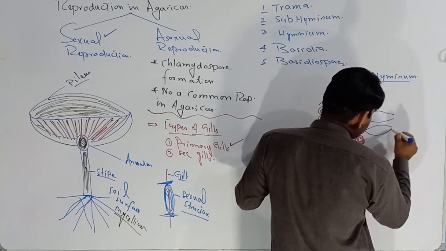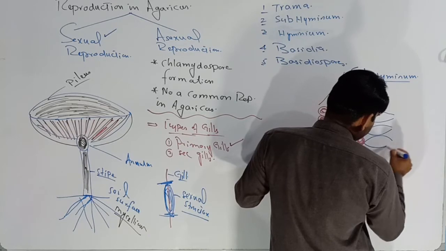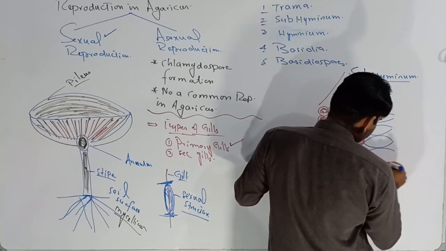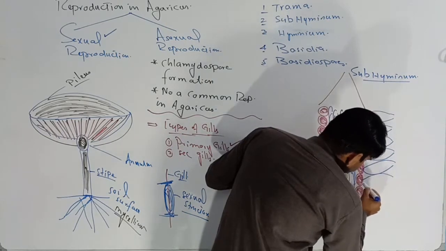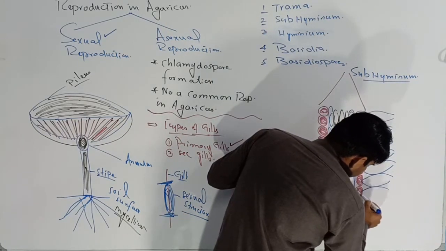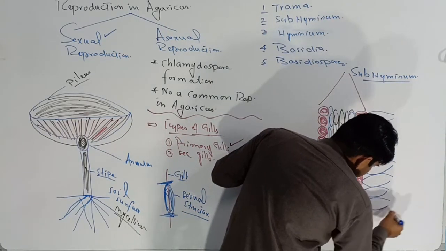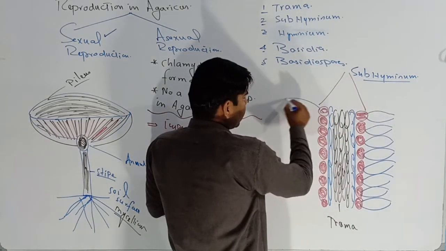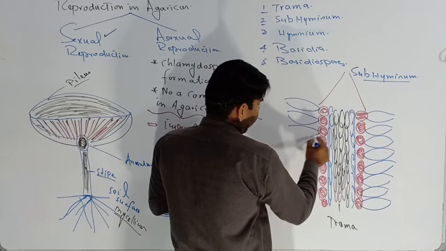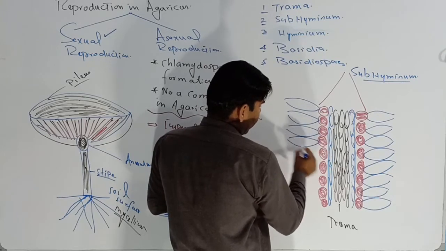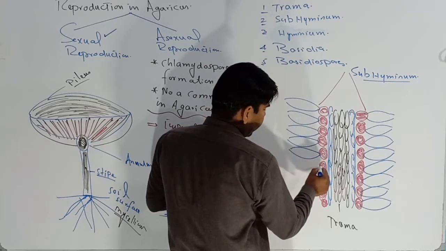These are actually long cells, and these long cells are present on both sides. These are also known as long cells, and these long cells are known as basidia.